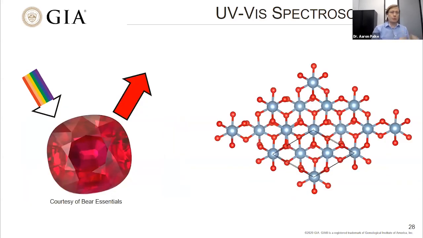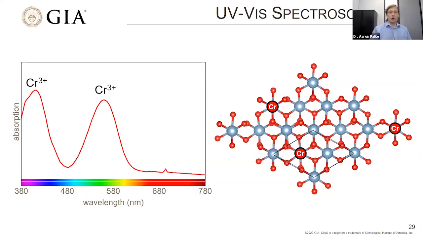So why is ruby red then? I think the answer is ruby needs chromium, right? If we replace some of those aluminum atoms with chromium, all of a sudden these chromium atoms do interact with visible light. If we look at the absorption spectrum of ruby, which is corundum containing chromium, you see these big absorption peaks at about 400 nanometers and about 550 nanometers.